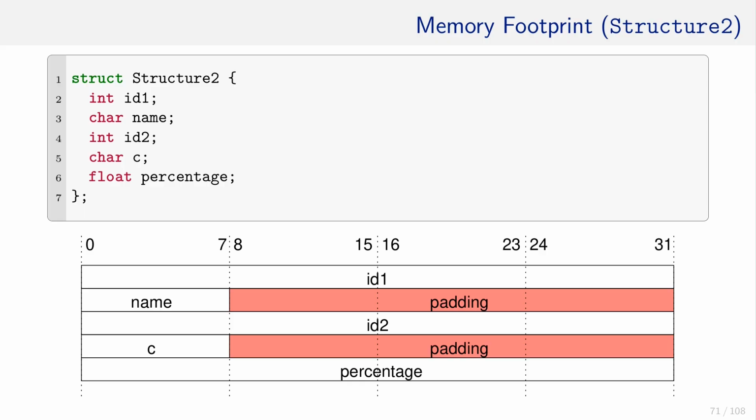However, in structure 2, this cannot be applied, since after name follows a type that requires 4 bytes in total. Hence, a new address is used for member ID2. This session gives just a short overview about how structures are stored in the memory. They are more complex than it is suggested at first sight.